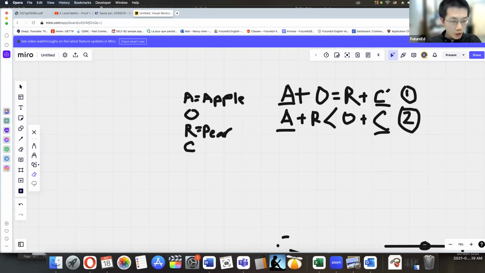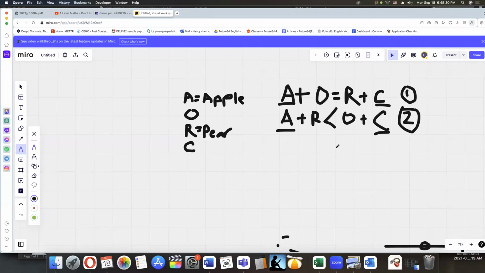We're going to have to manipulate equation 1 a little bit. For equation 1, we can try taking away a pear and an orange. Can you go back to the question?